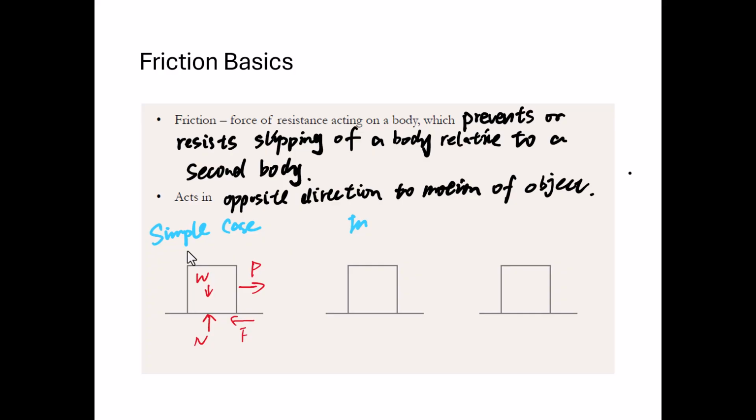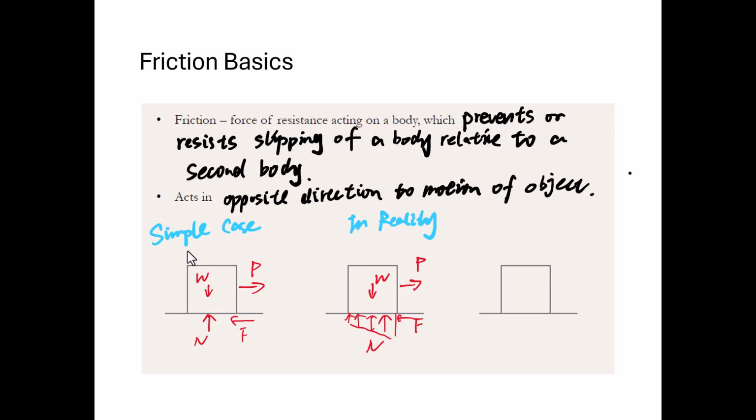Self-weight is still the same, pulling force still the same, friction still the same, but this support force will be a distributed force, which means the side closer to our pulling force will have more support.